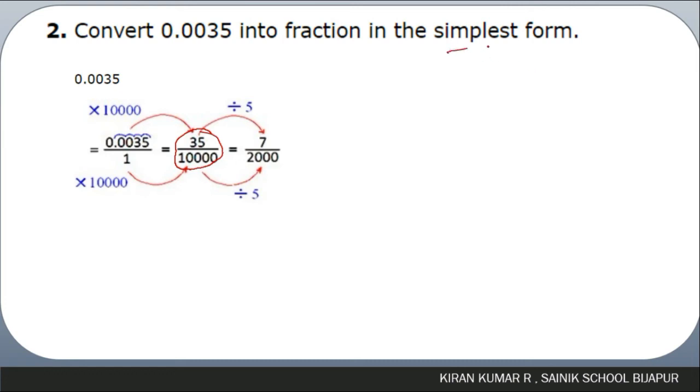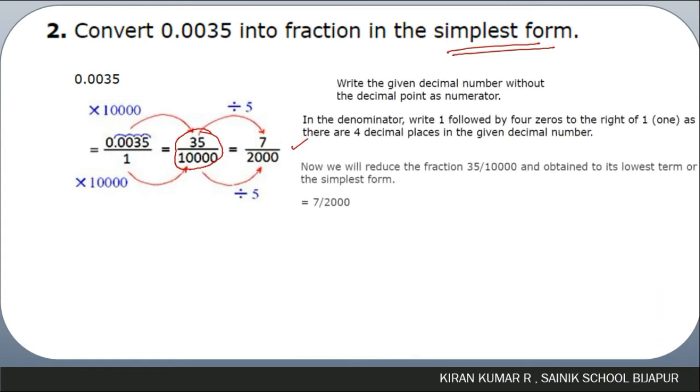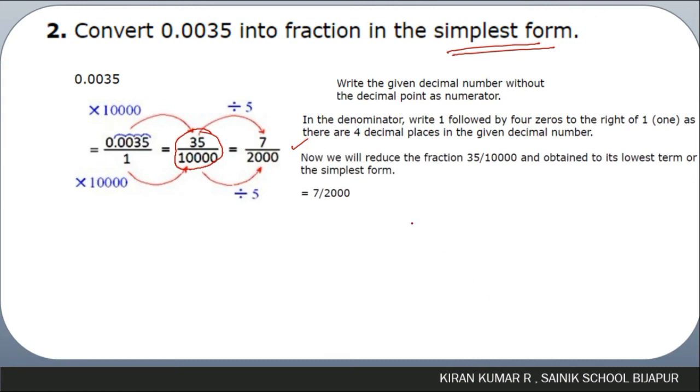They have asked to express in the simplest form; both the numerator and the denominator are divisible by 5. Hence we get the result as 7 upon 2000. Seven upon 2000 is the simplest form of 0.0035.